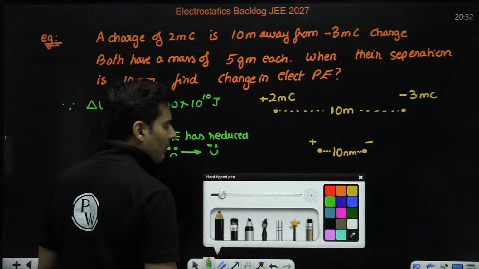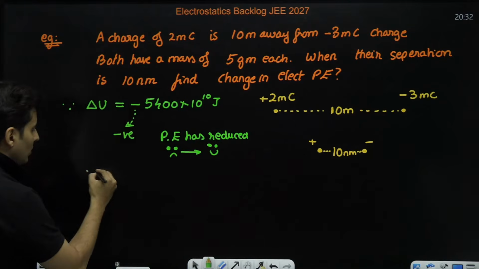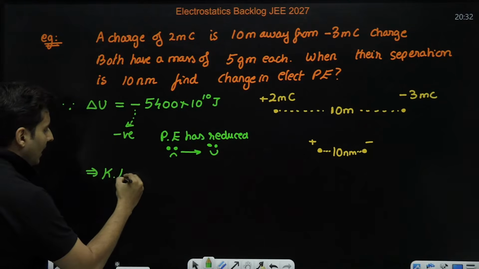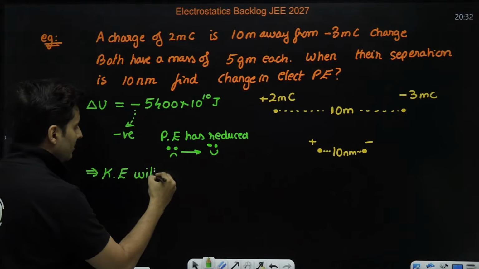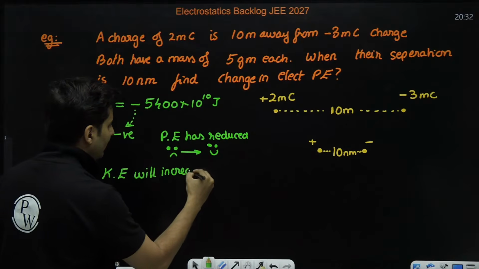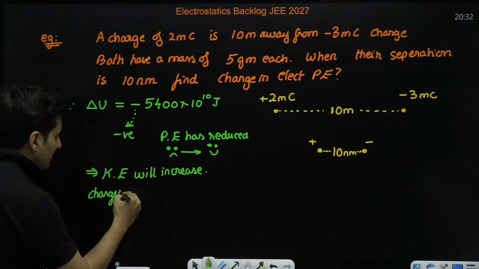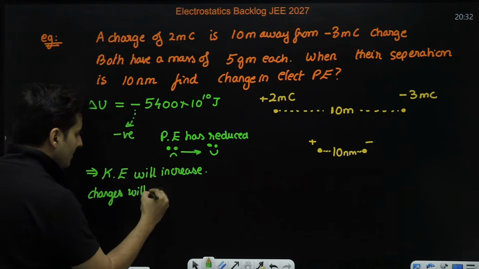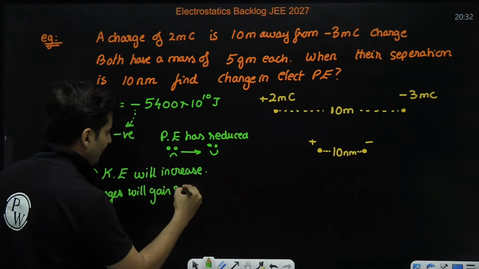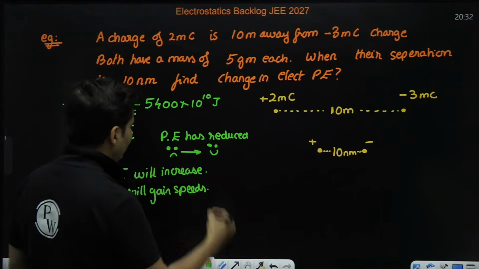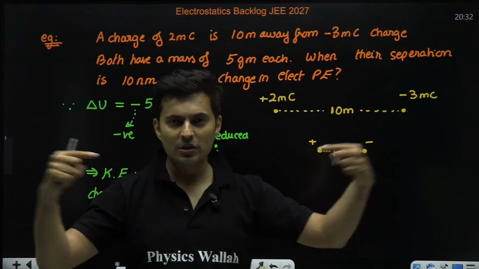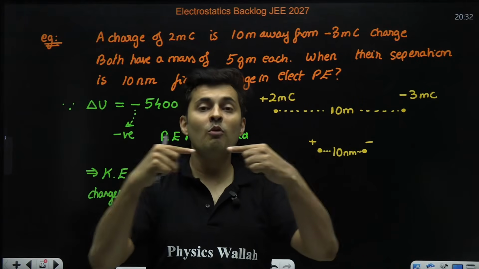So what will happen in this process? It's obvious now, kinetic energy will increase. That means the charges will gain speed, because of the attractive force. So the charges will be moving towards each other.